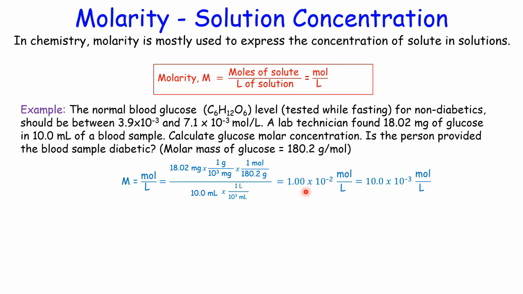So if we want to decrease the exponent by 1, we have to, of course, move the decimal point to the right once. Then that will be 10 times 10 to negative 3 molar. And that's actually higher than the higher end of the range. So therefore, the person who provided the blood sample should be considered diabetic.